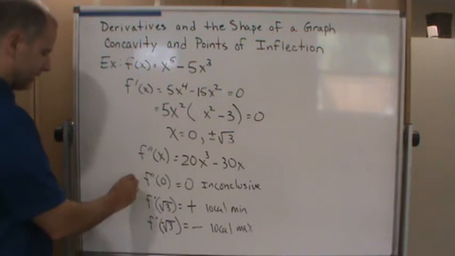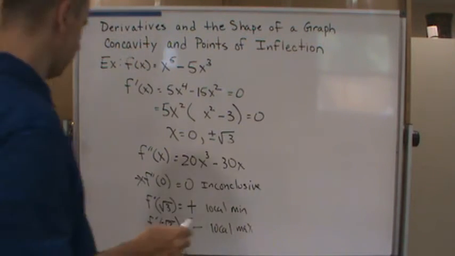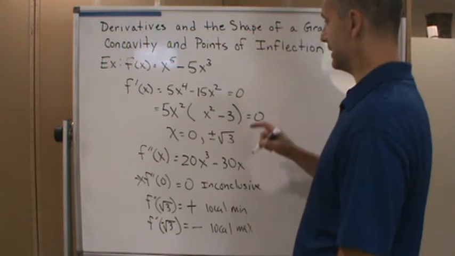Now, if we wanted to investigate this further, we would need to go back to the first derivative and find out what's going on on either side of that point. It might be an inflection point. So let's do that. So let's go to the first derivative test at 0.